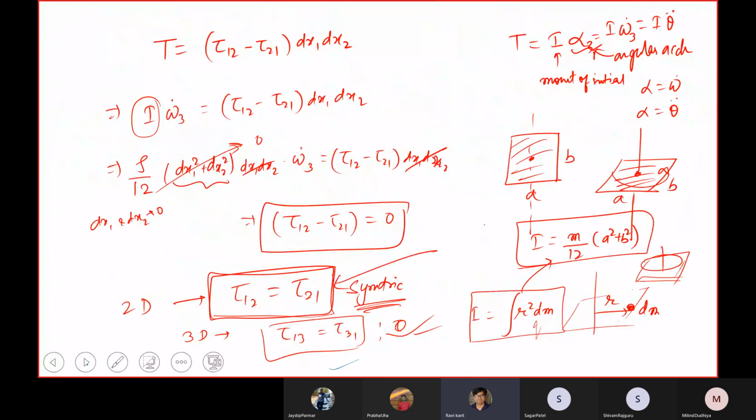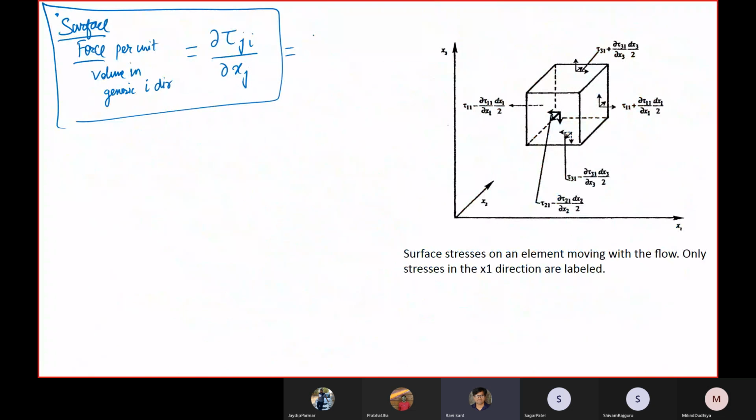In 3 dimensions as well, so here we will apply that and write the similar thing: this is nothing but ∂tau ij/∂xj. Both are the same. We'll keep this as equation 1, because I have calculated my surface force per unit volume in the generic i direction like this.